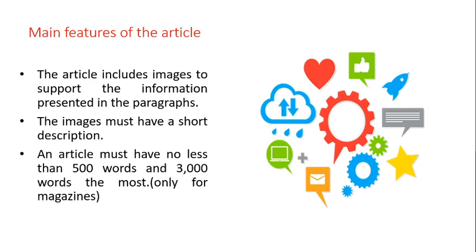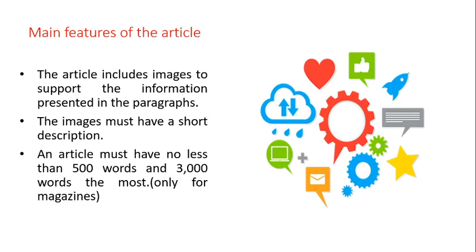Another feature is the need to include images to support the information presented in the paragraph. The images must have a short description, and an article consists of no less than 500 words. That is one characteristic that the essay doesn't have, because an essay doesn't have a specific number of words, but an article does. Remember that an article can be included in a magazine, in a newspaper, or other documents where information is presented.